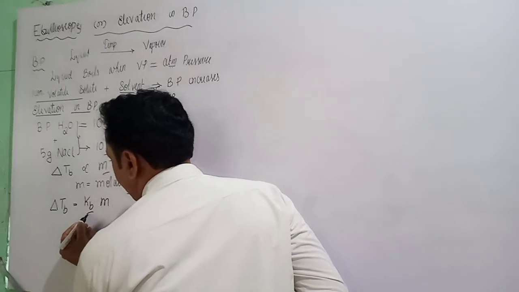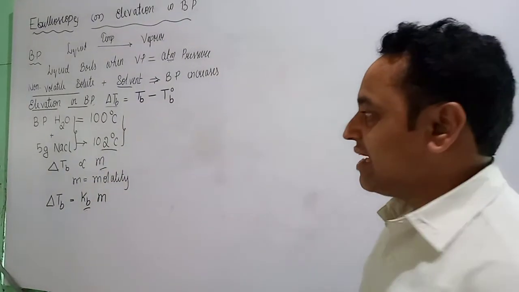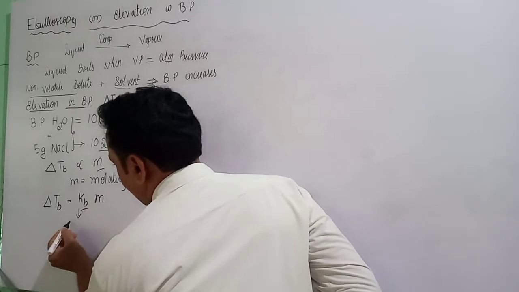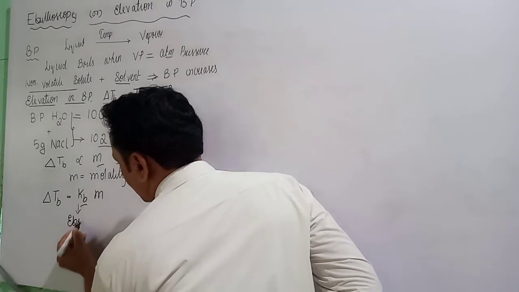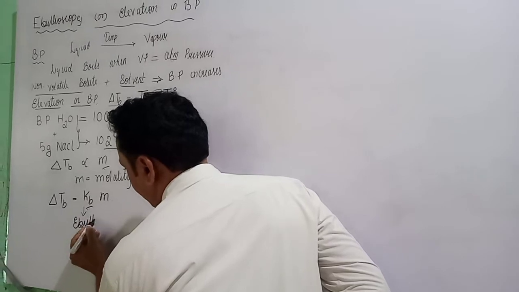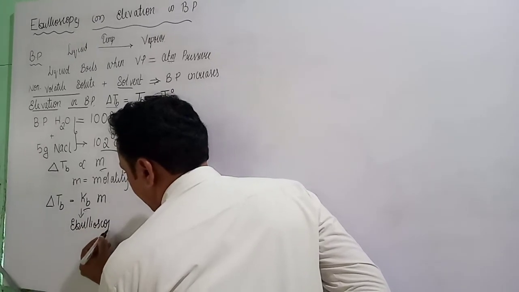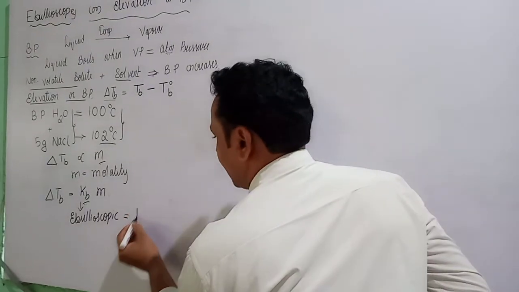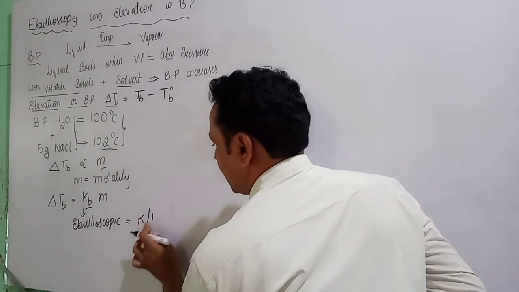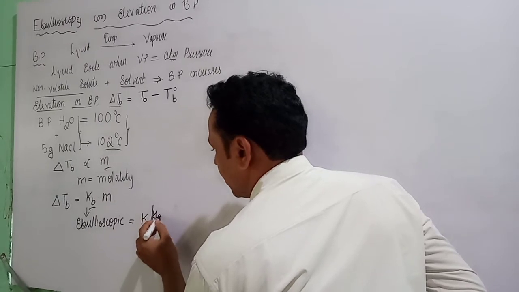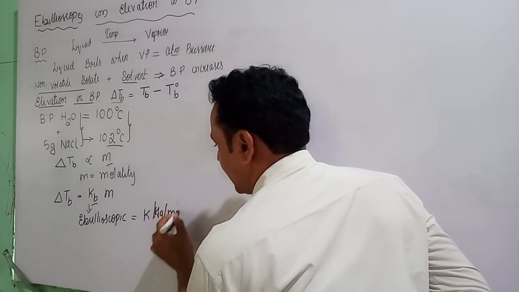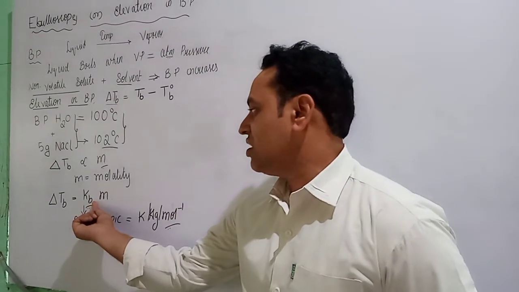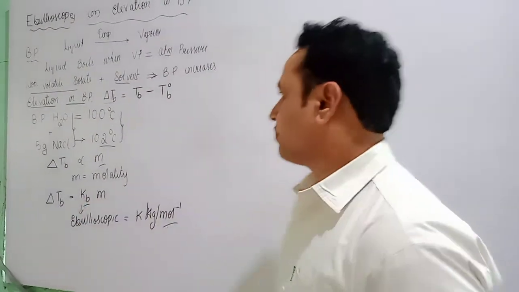Here Kb is a constant called the molal elevation constant or ebullioscopic constant. The unit of the ebullioscopic constant Kb is Kelvin kg per mole.